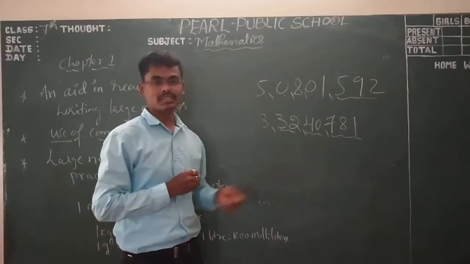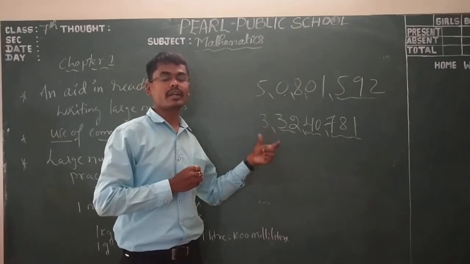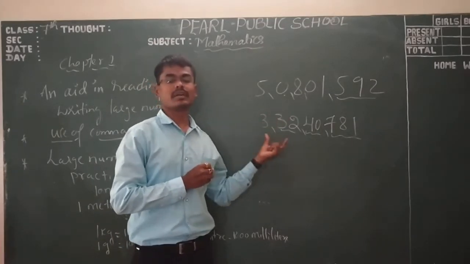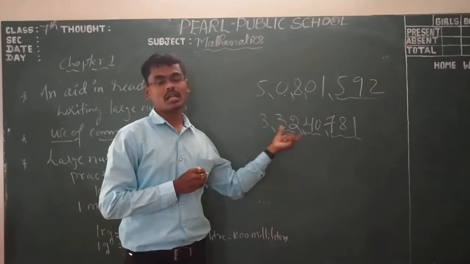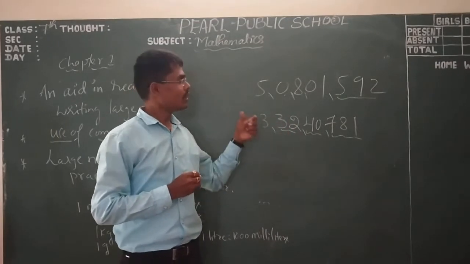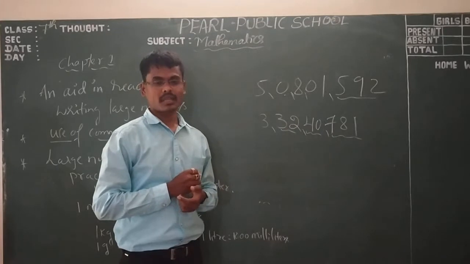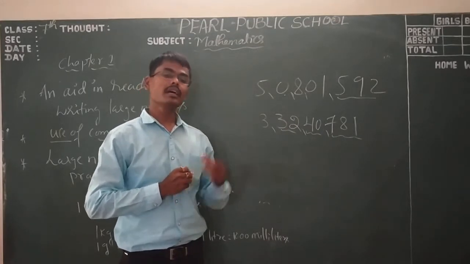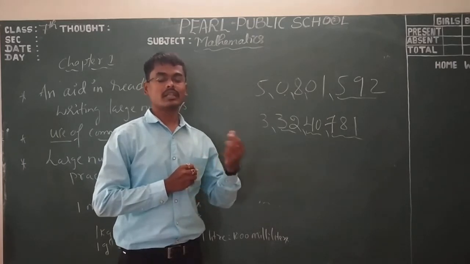They have given some set of instructions on how we are going to read and how we are going to write. This is very useful for large numbers. Then there is also the international system of numeration.